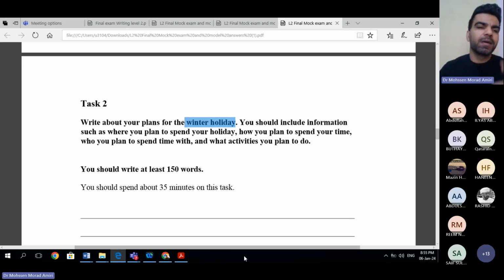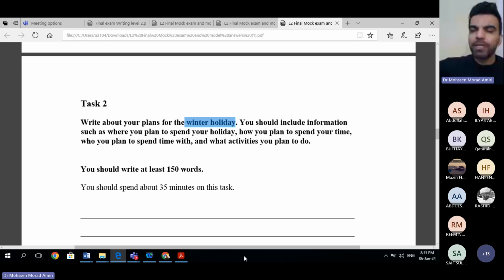For example, one of my winter plans is that I'm going to travel to Turkey. Another plan: I wish to learn Spanish language.